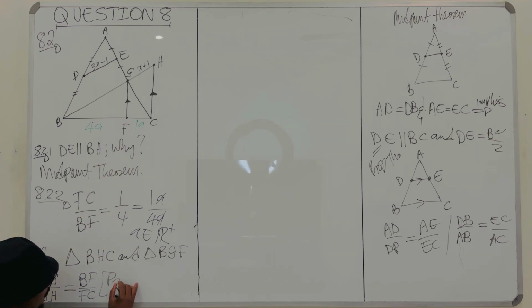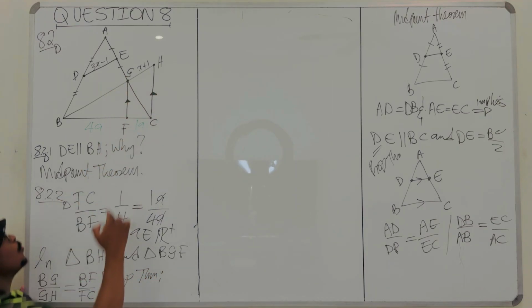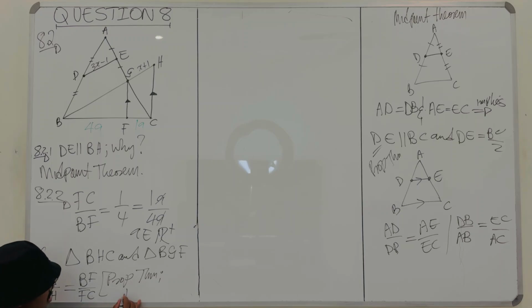So this is the proportionality theorem, right? Why is it working? It's working because we have two parallel lines, which is your FG is parallel to HC.